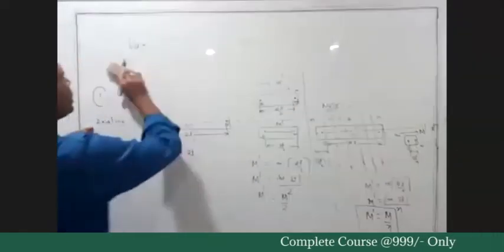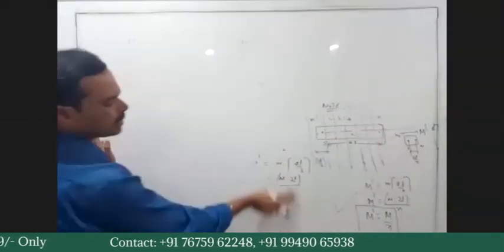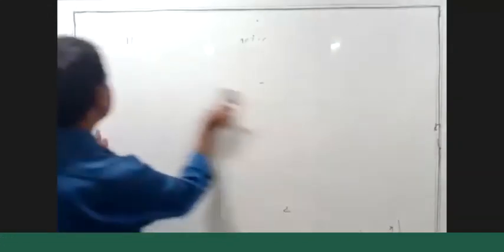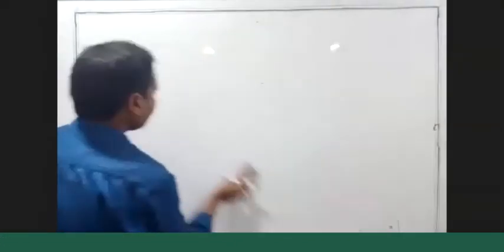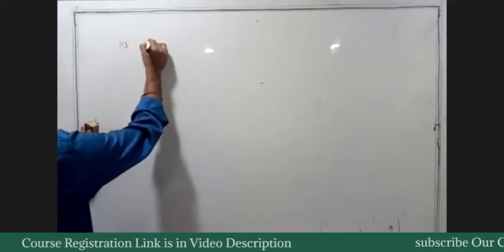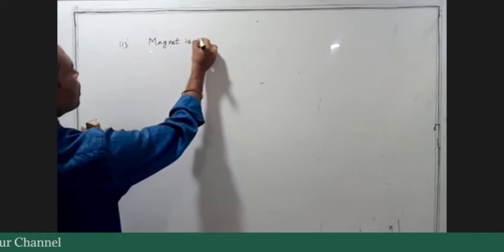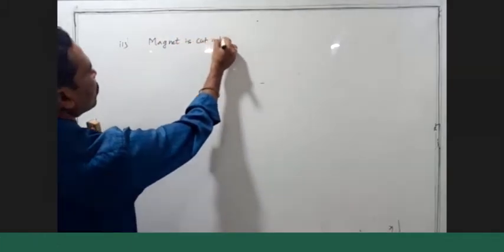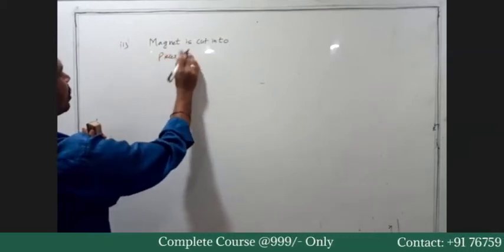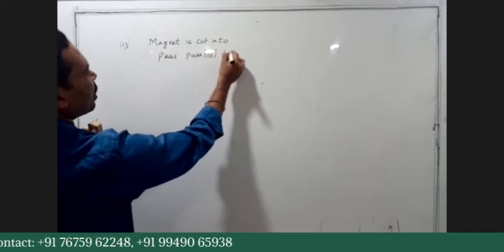The next point is that the given magnet we cut into pieces parallel to the axial line. Second case: the magnet is cut into pieces parallel to the axial line.